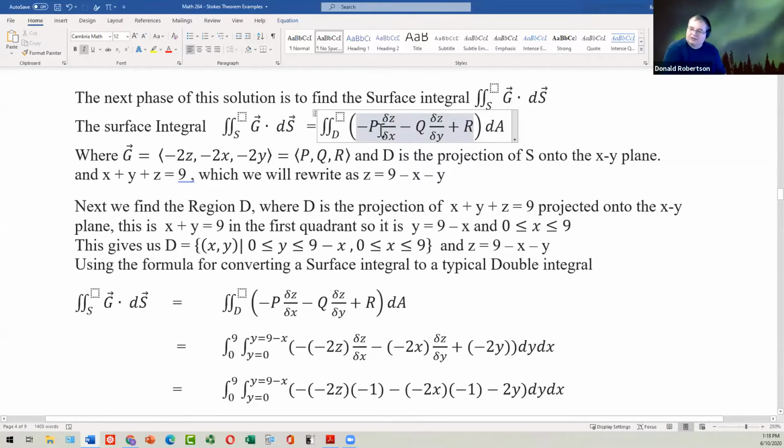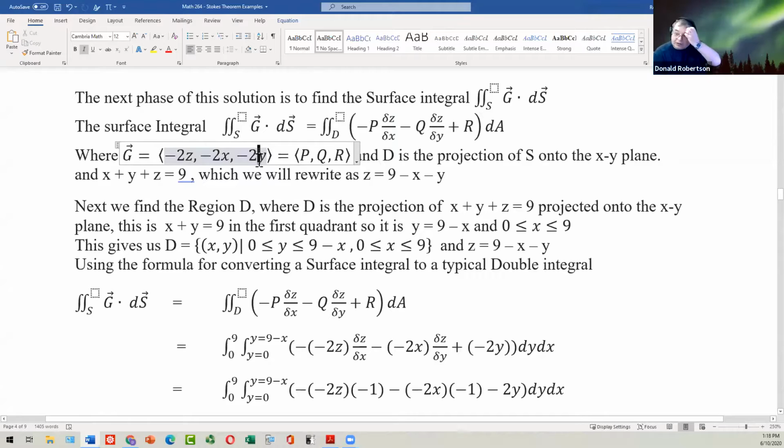So the line integral becomes a surface integral, which then becomes a double integral. And then you've got the answer. So it's quite a long road. So right now we're halfway through, and I'm saying that if you want to find this surface integral, you use this ugly guy here.